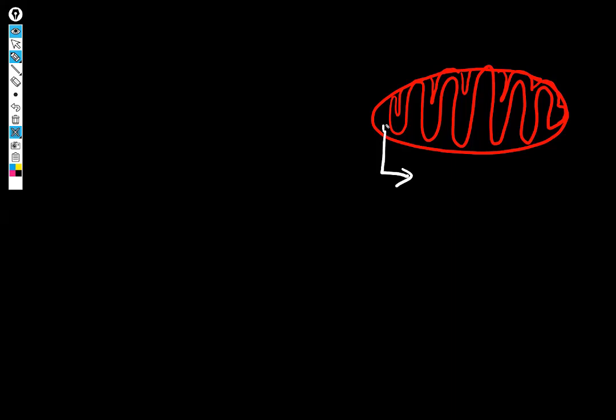So in the matrix, which is the area that is inside of the inner mitochondrial membrane, we have things like the citric acid cycle and other stuff. So that's one component. And then the membrane reactions are where we actually use the oxygen.